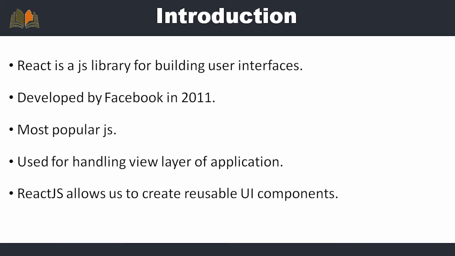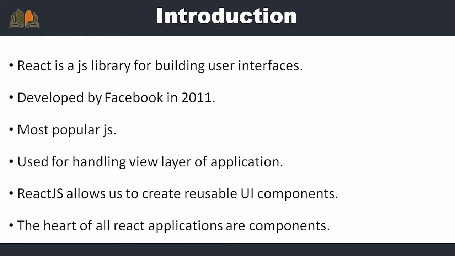ReactJS also allows us to create reusable UI components, and in ReactJS there will be at least one component, and we can have as many components as we want. The heart of all React applications is our components.